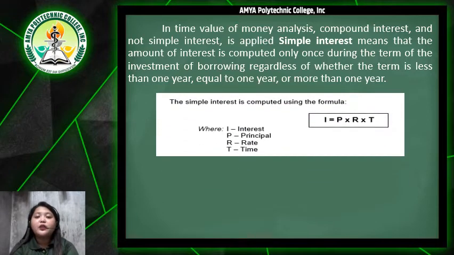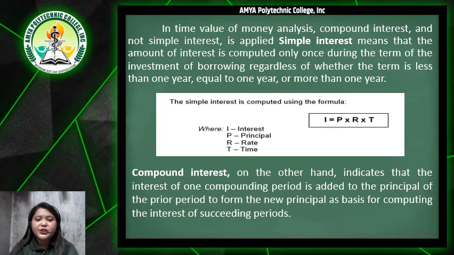So we have here the formula for the simple interest, which is I = P × R × T, where I is the interest, P is the principal, R is the rate, and T is the time.